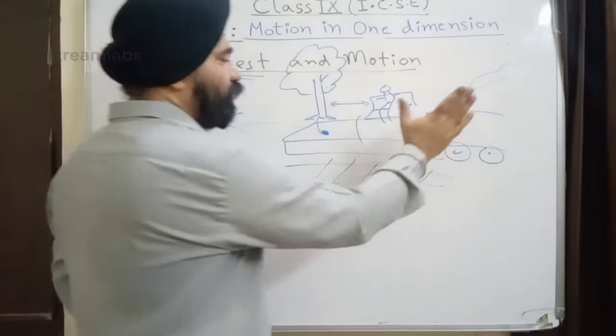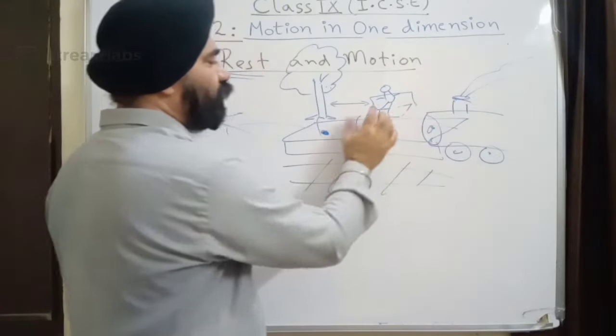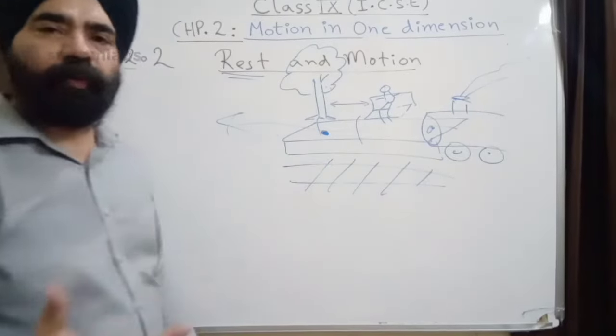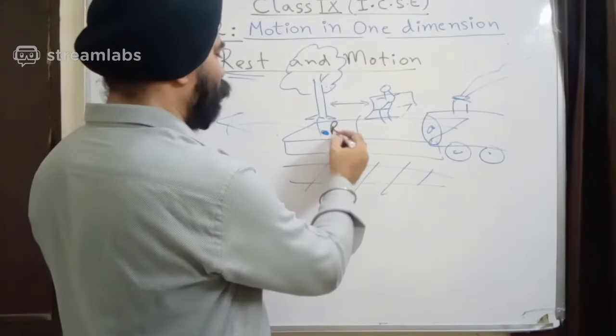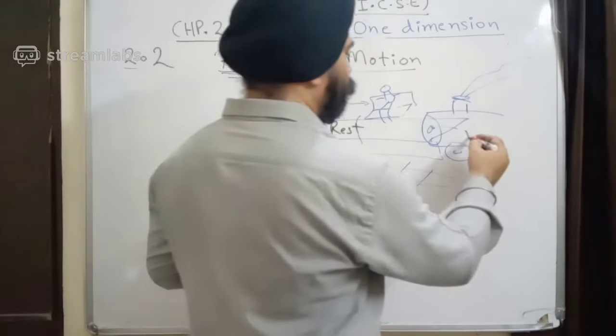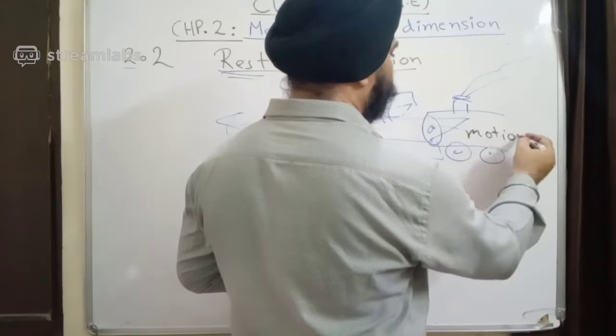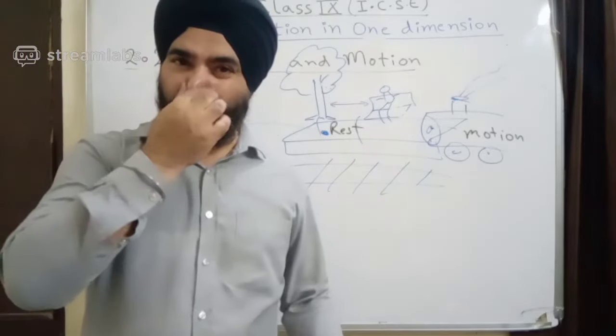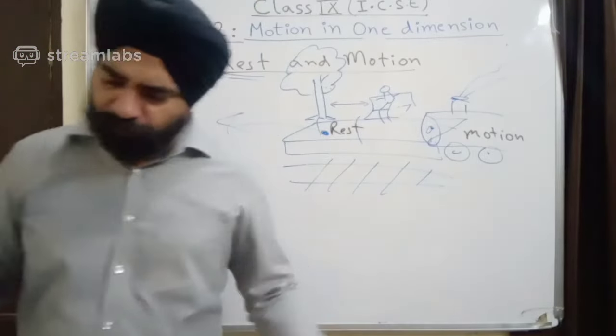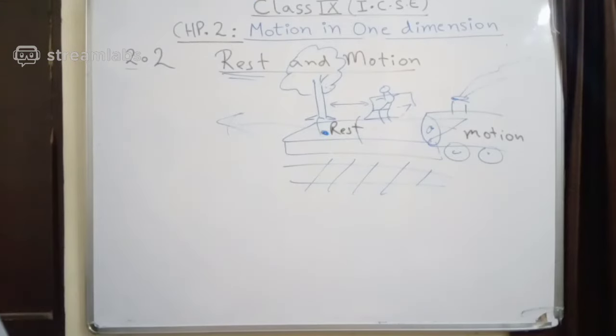But this train is changing its position with respect to its immediate surrounding. So this stone is at rest, and this train is in motion because it is changing its position with respect to its immediate surrounding. Clear? No issue? Very simple thing to understand. Anything else is given? No, nothing.